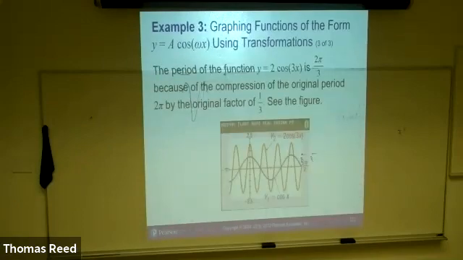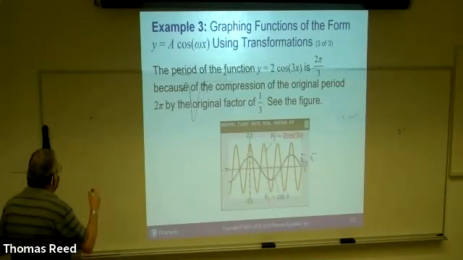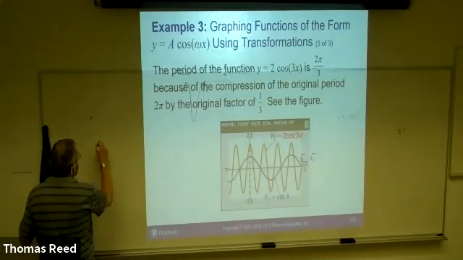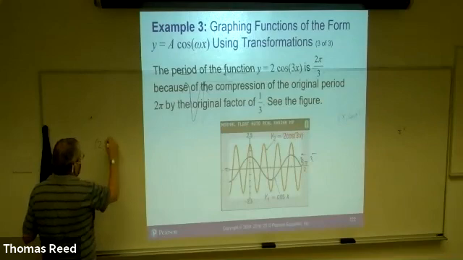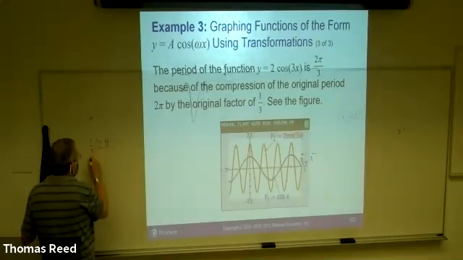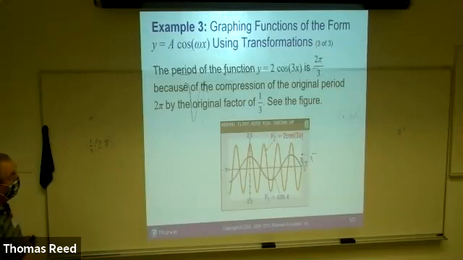Okay, the period of the function is 2/3 pi. The period of a cosine function is 2 pi, but you're going to multiply it by the 1/3. Oh, here they show it.